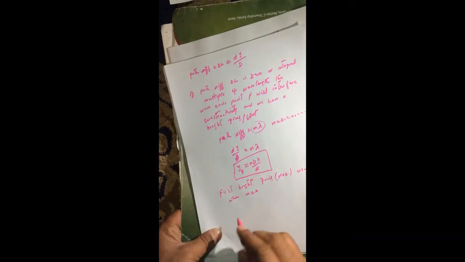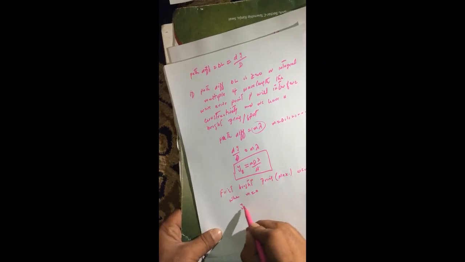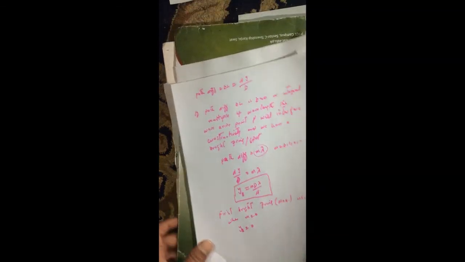If I put m equal to 0, then the bright fringe position will be 0. So if this is my screen, the first maxima occurs here at the center, at this point.